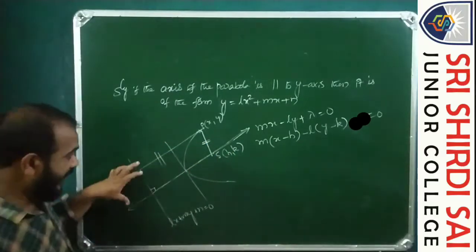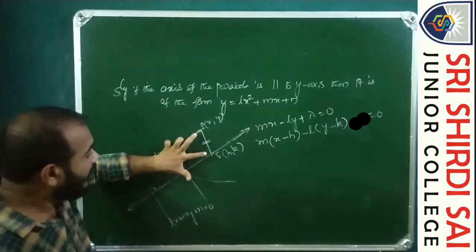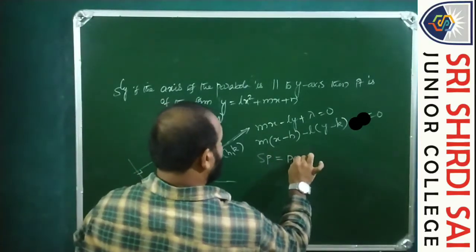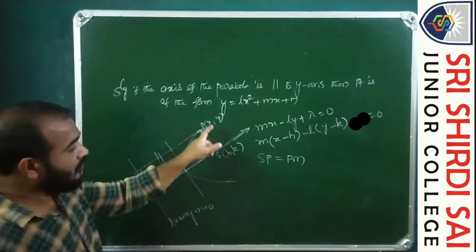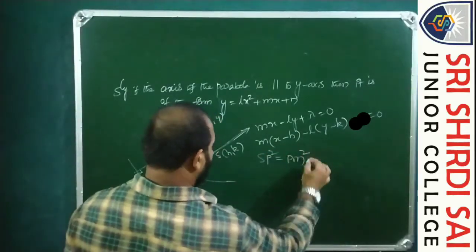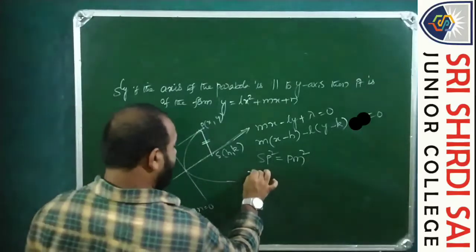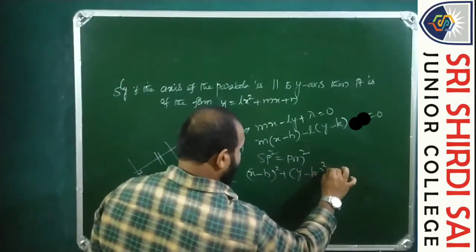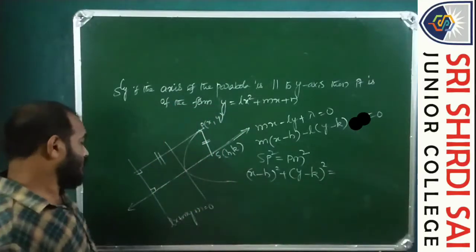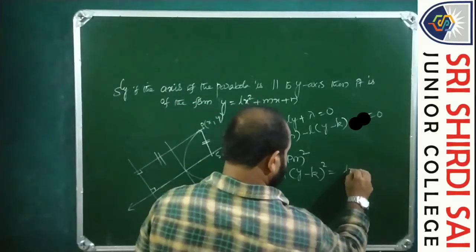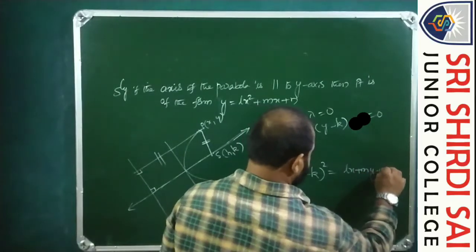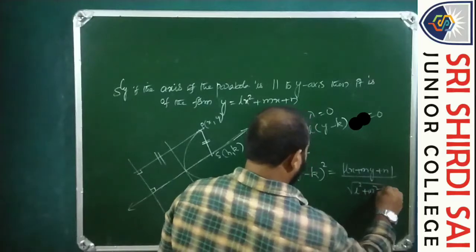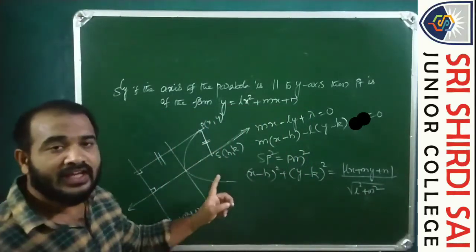Of course, this diagram is a little bit enhanced, but actually SP equals PM, right? So what is SP? The distance. So SP square equals PM square. What is SP? x minus h whole square plus y minus k whole square equals lx plus my plus n by square root of l square plus m square, whole square. Therefore, this is the equation of the parabola.